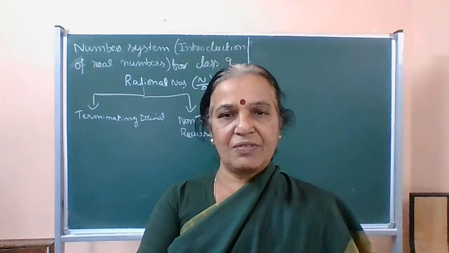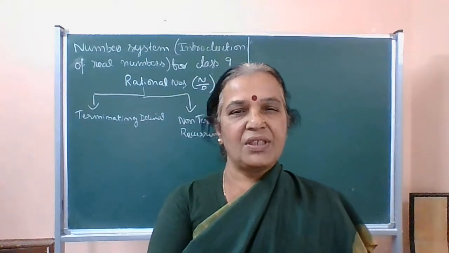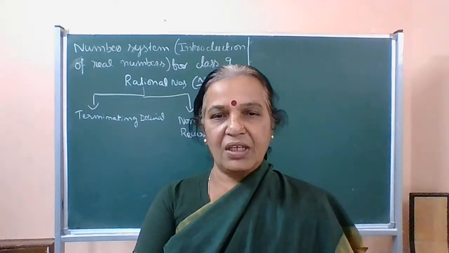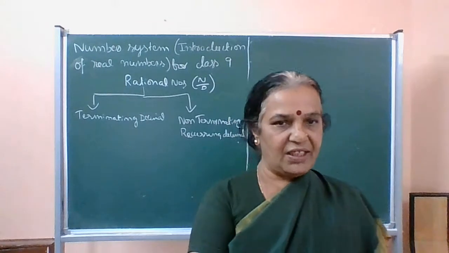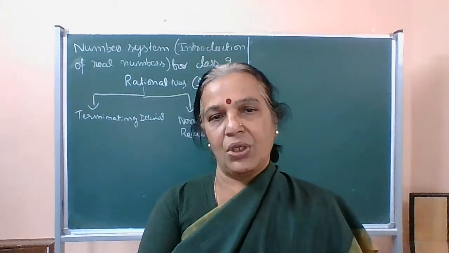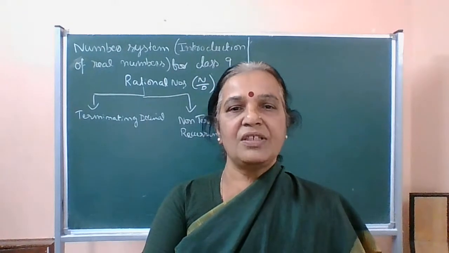The first number system was natural numbers. Natural numbers start with 1, 2, 3, 4, etc., up to infinity. Then which is the next one? It is the whole numbers. Whole numbers start with what? They start with 0.